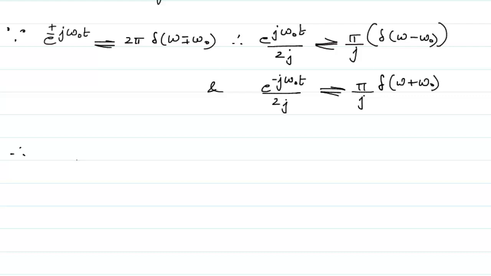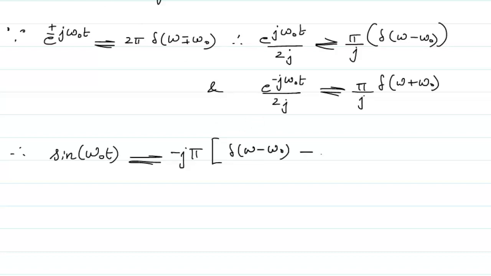So the Fourier transform of sine omega naught t is minus j pi times delta omega minus omega naught minus delta omega plus omega naught.